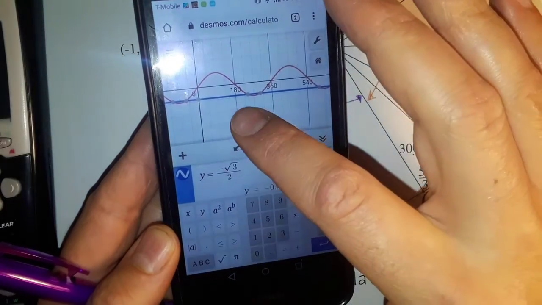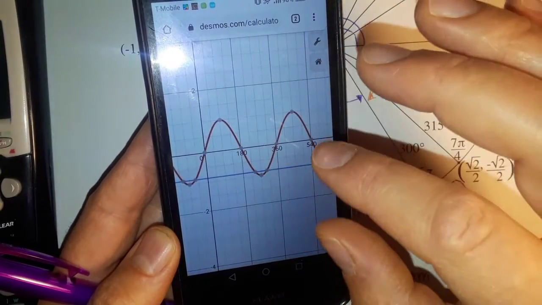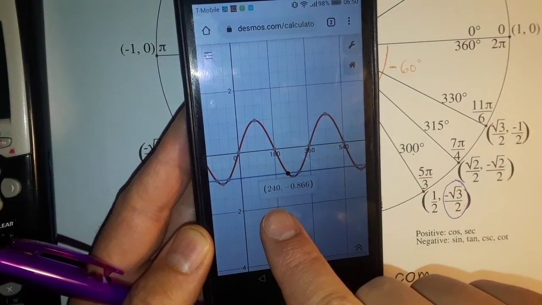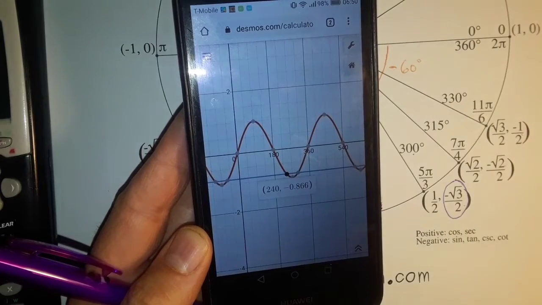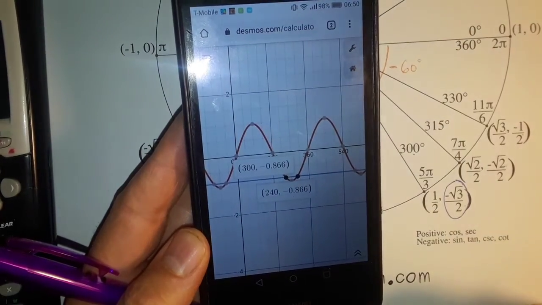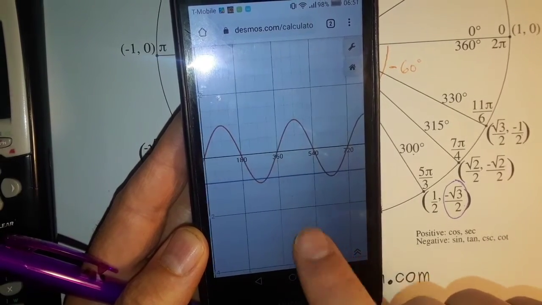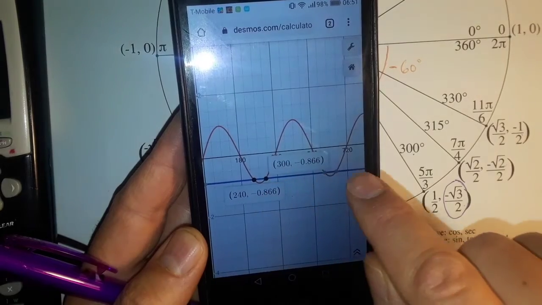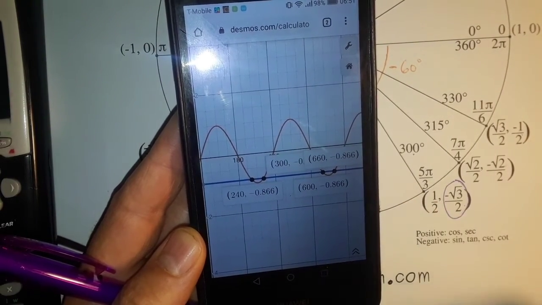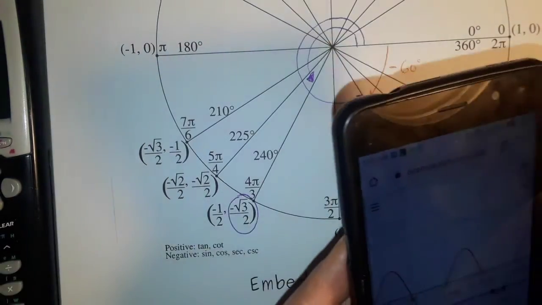So here I have the two solutions. At 240 degrees, I have negative square root of 3 over 2. And also I have another answer for 300. And this keeps repeating. These two solutions keep repeating every 360. And that's what I'm going to write right now on my solution.